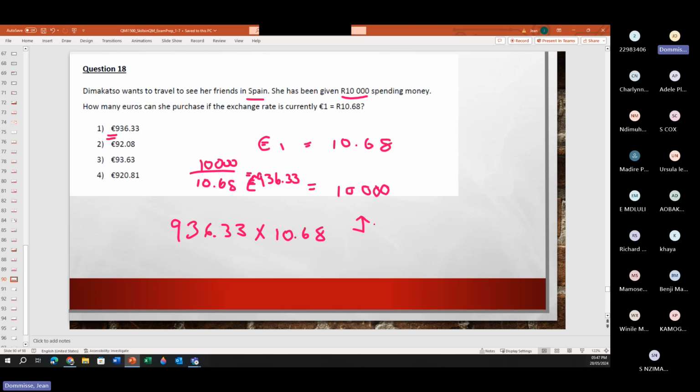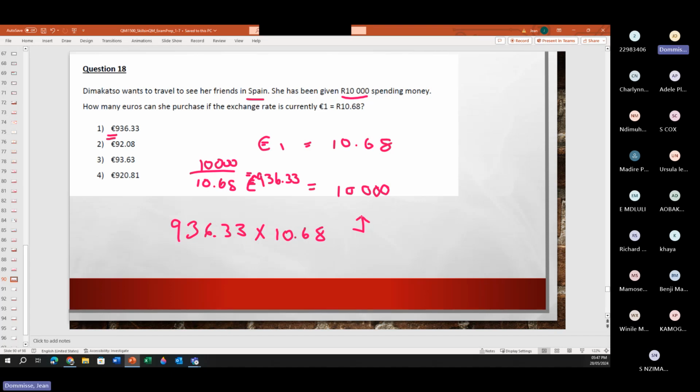So it is roughly 10,000. Okay, so I just wanted to make sure that if you get something like this, you will be able to work it out.